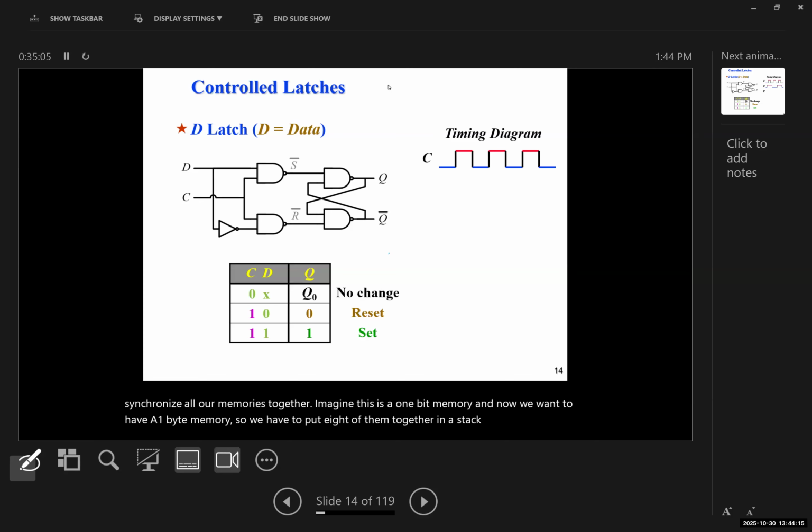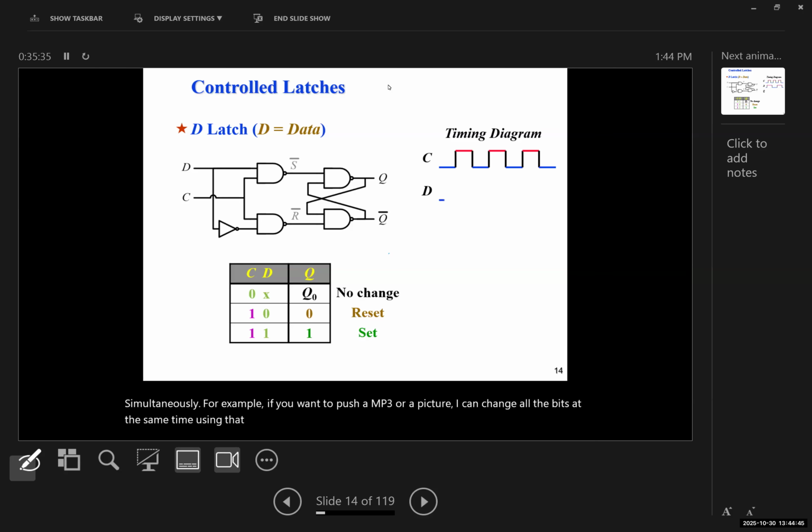But we want to be able to change this memory thousands of times per second, and to do that, we have to precisely synchronize them. So I would connect the data to the data of the input, and connect all the controls together to a central clock. Through that clocking, I'm able to change them simultaneously. For example, if you want to push an MP3 or a picture, I can change all the bits at the same time using that clock.